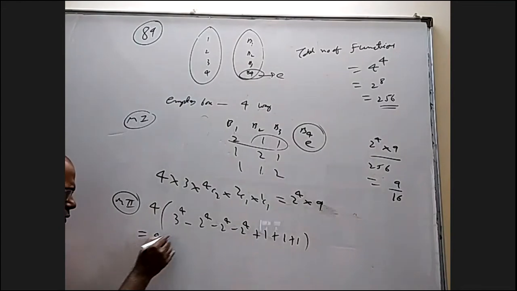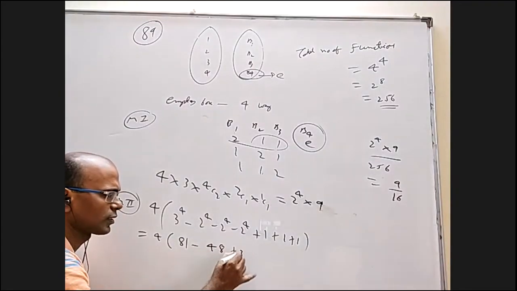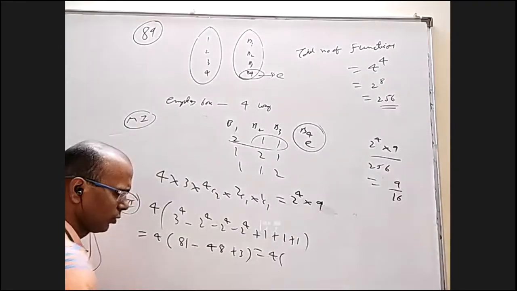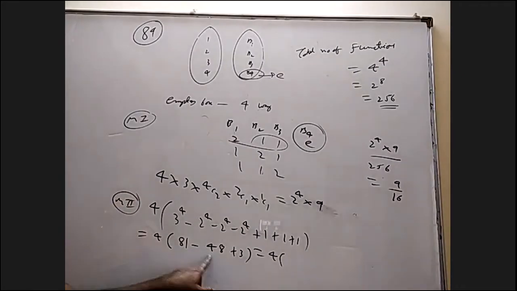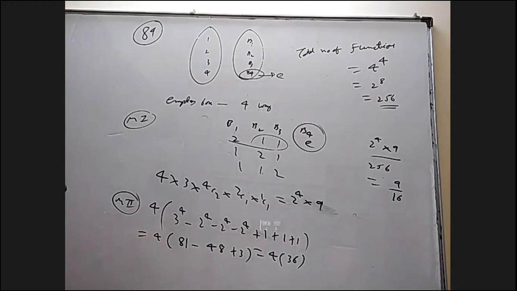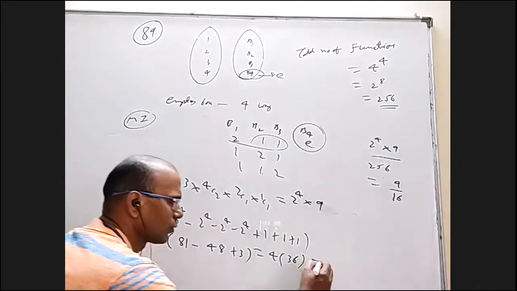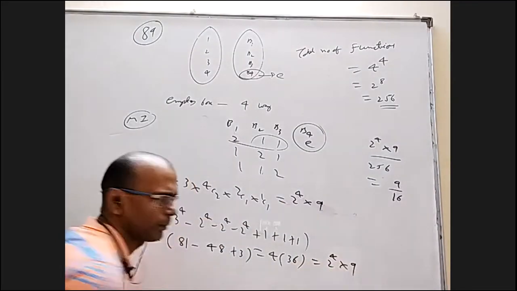That is 4 into, this is 81, 16 threes are 48 plus 3. 4 into this, minus 45. 81 minus 45 is 36. Yes. So this is exactly 4 into 36, which is 2 power 4 into 9.